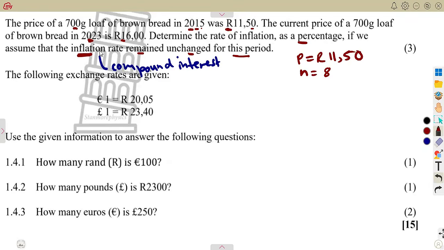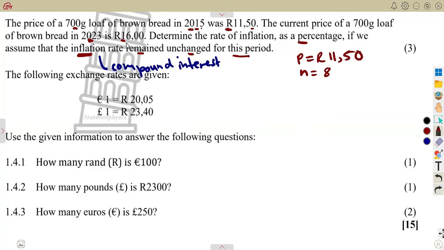But in this case, as for inflation, 2015 was the original price that we had, so the inflation we assume starts the following period. So we are just going to focus on 8 in that case.